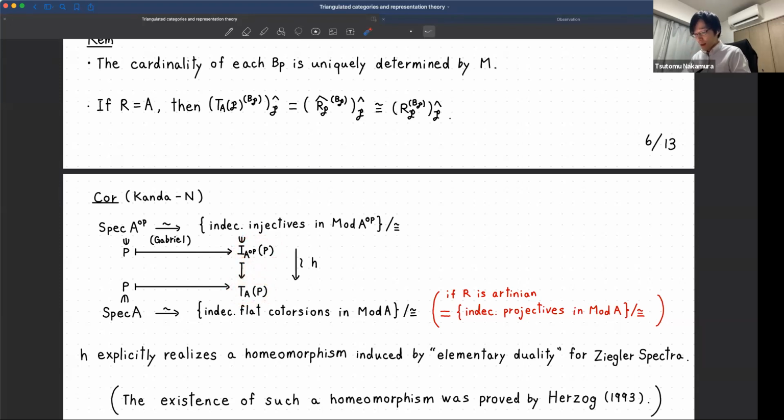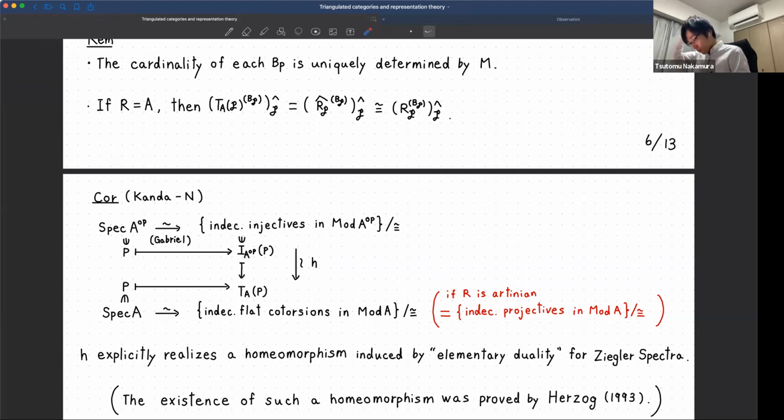And first, I'd like to emphasize that if R is Artinian, especially A is an Artin algebra, then as mentioned before, this class coincides with the isomorphism class of indecomposable projectives. So the bijection naturally extends the one-to-one correspondence between indecomposable injectives and indecomposable projectives over Artin algebras, right?